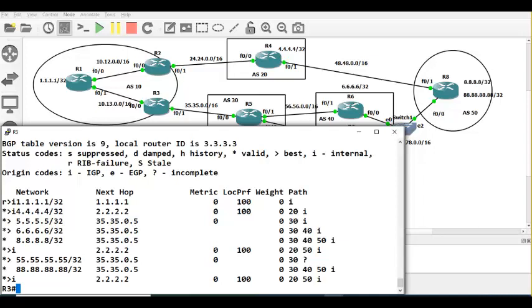They simply advertise the link status, all the link status, and that helps to form an LSDB. On the LSDB, the SPF algorithm runs, finds the shortest, best path, and installs it into the routing table. So except OSPF and ISIS, all other protocols, including BGP, will advertise only if the route is an elected route locally.